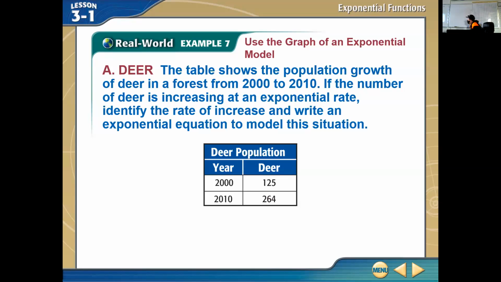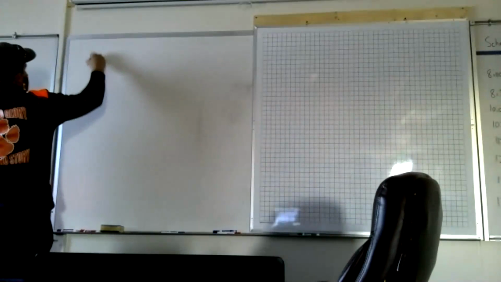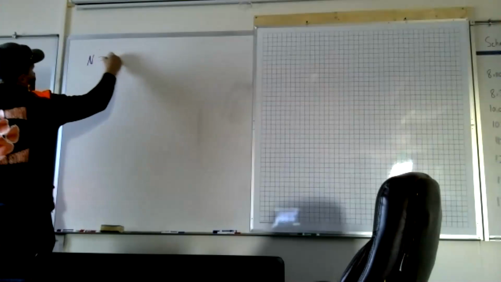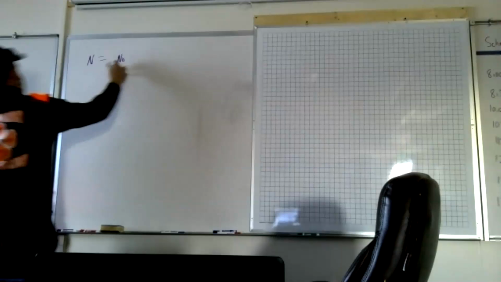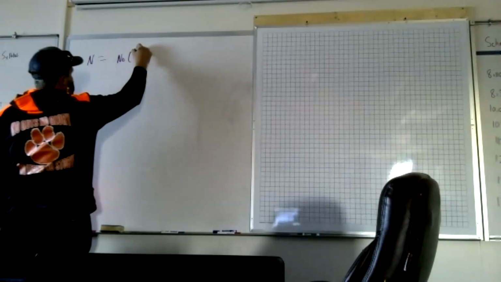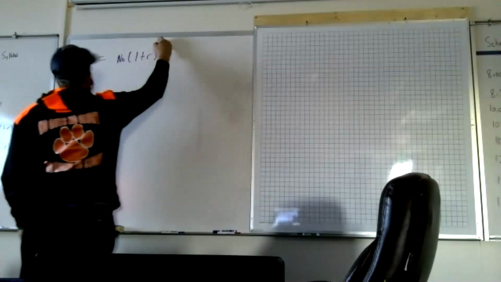But more or less, we're going to be using exponential growth and decay. So if you remember those two equations for exponential growth, N, which is the number after so many years, is equal to N of 0, which is the initial population, times the quantity of 1 plus r to the t.